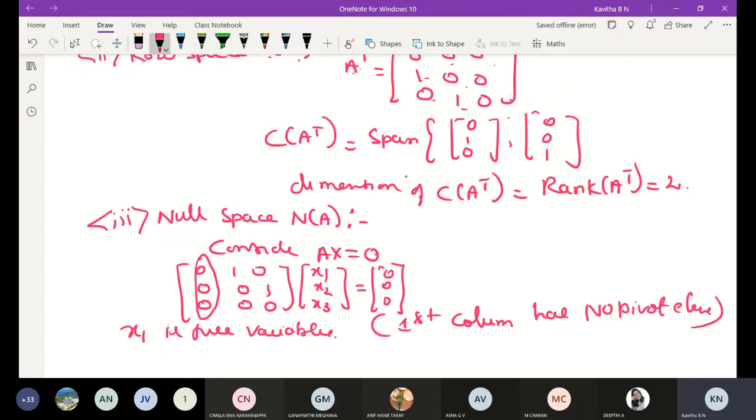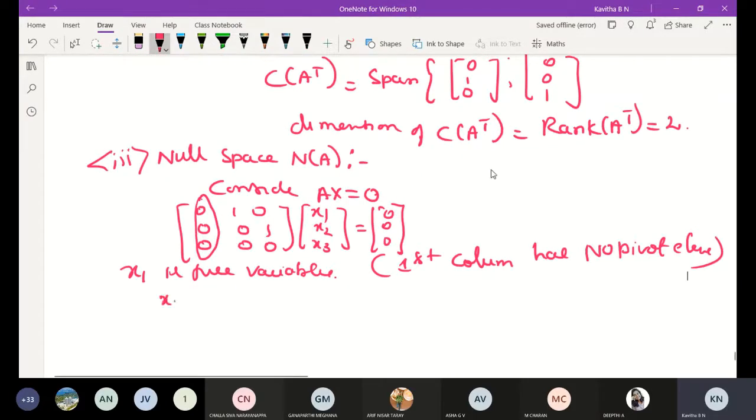Here x2 is equal to 0 and x3 is equal to 0. Multiplying the first row: 0 into x1 is 0, 1 into x2 is x2, and 0 into x3 is 0, which means x2 is equal to 0. Then come to the second row: 0 into x1 is 0, 0 into x2 is 0, then 1 into x3 is equal to 0.